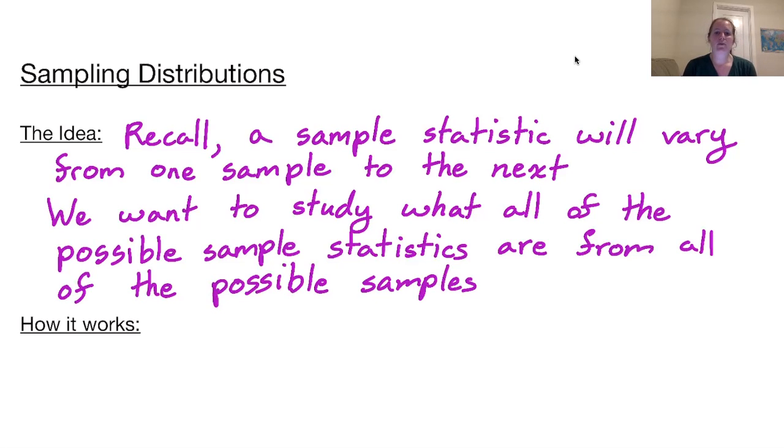And so if we were to take every single possible one of those samples and then find the average age from each sample, or find the percent who work full-time, or whatever sample statistic we're studying, we will get lots of different values, and some will be more rare than others.